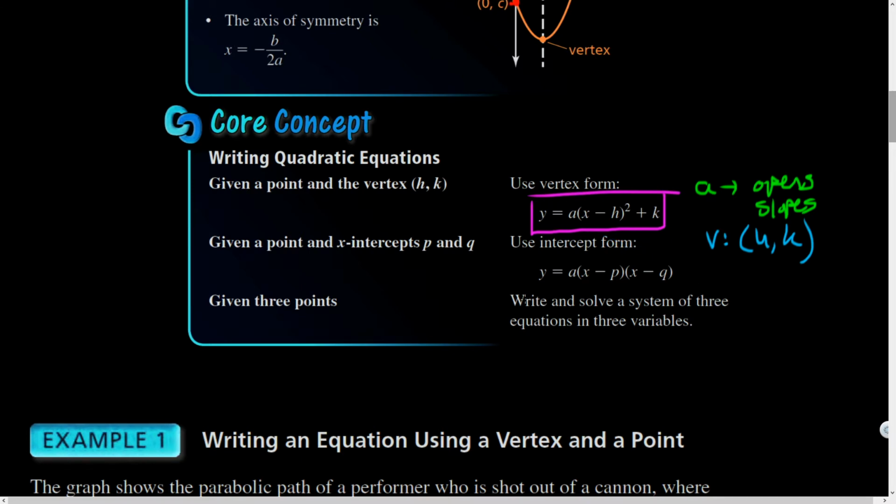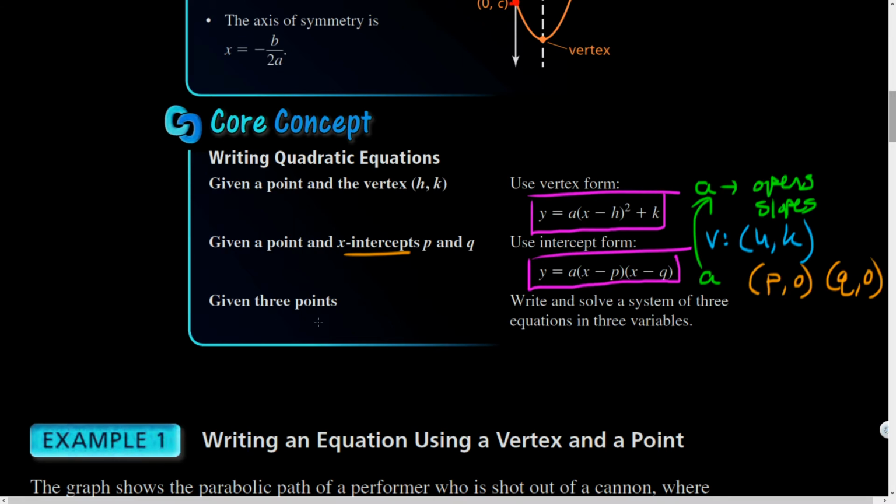And now the third form that we ended up learning was intercepts form, in which a is the same thing, but p and q represent the x-intercepts. So that means there's a point (p, 0) and (q, 0) on the graph. And so intercepts are pretty important. They're not as important as the vertex, but that's going to help us out.